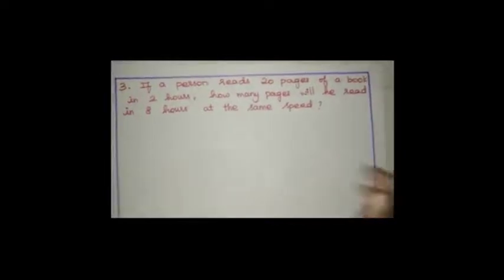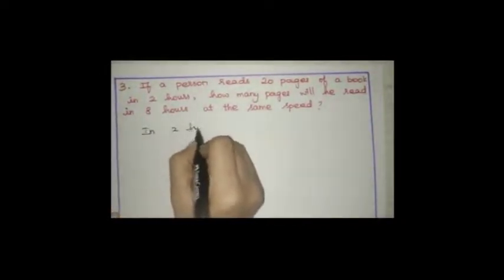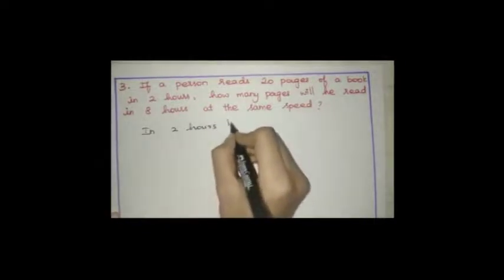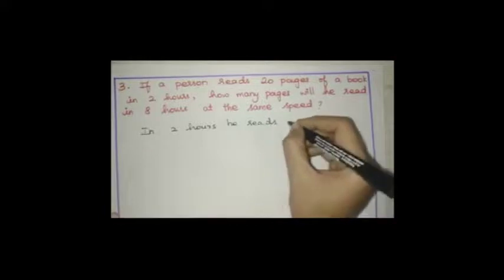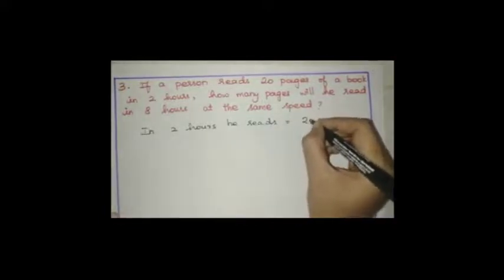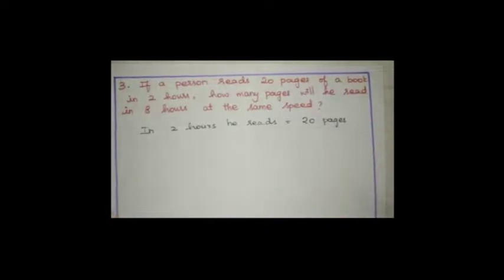So let's write. In 2 hours, he reads 20 pages. What is the second step? You have to find the value for 1 unit.